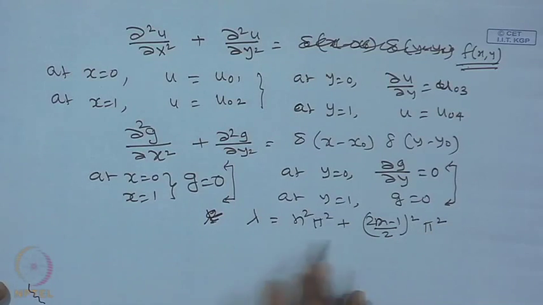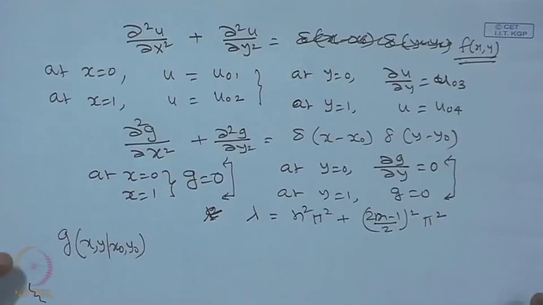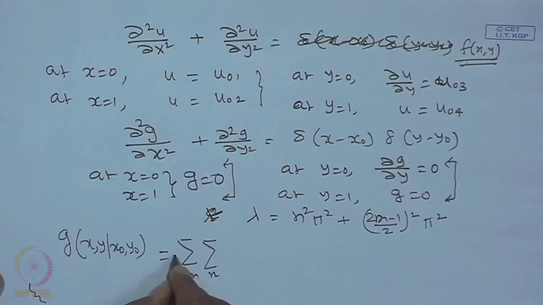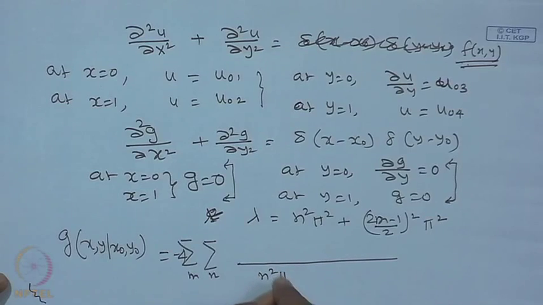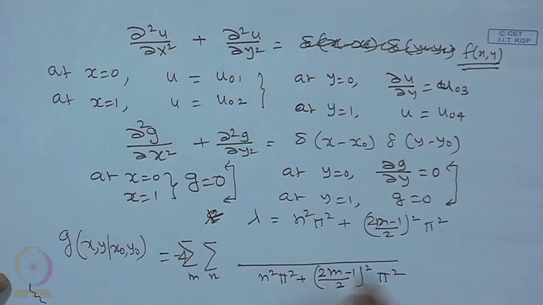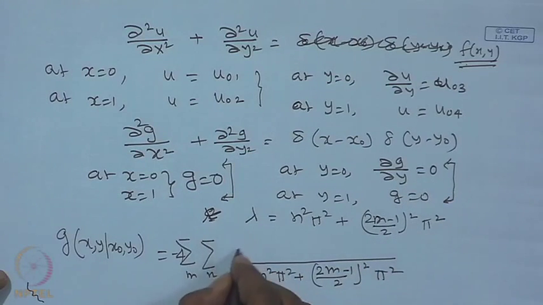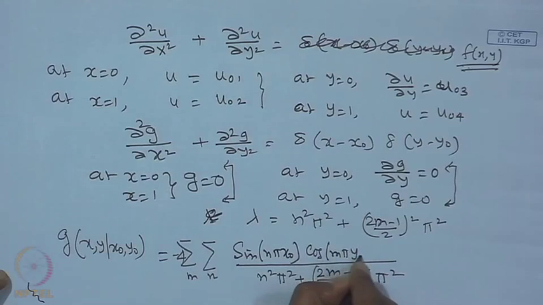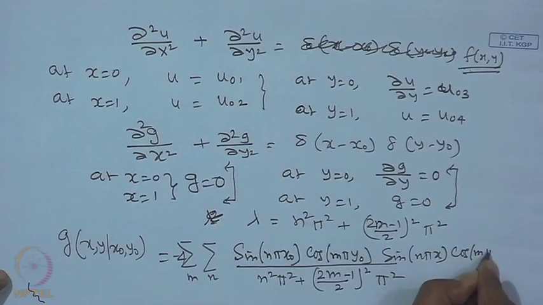The Green's function g x y x naught y naught will be nothing but summation over n, summation over m of minus 4 divided by n square pi square plus 2m minus 1 by 2 whole square pi square, and in the numerator we will have the eigenfunctions, sin n pi x naught cosine m pi y naught sin n pi x cosine m pi y.